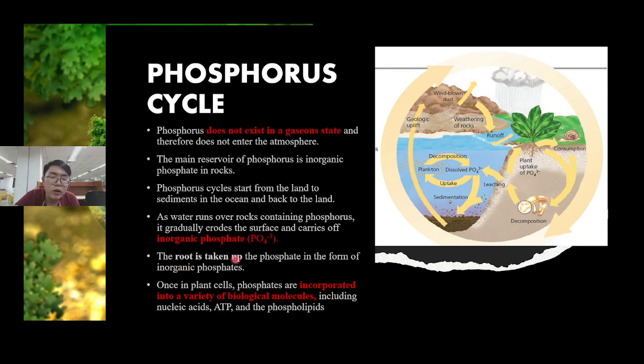And then the roots take up the phosphorus in the form of inorganic phosphate. The root of the plant takes this phosphate, because phosphate is an important nutrient for organisms. Once it enters the plant cell, the phosphate is incorporated into a variety of biological molecules. Some biological molecules need phosphate, like nucleic acid.